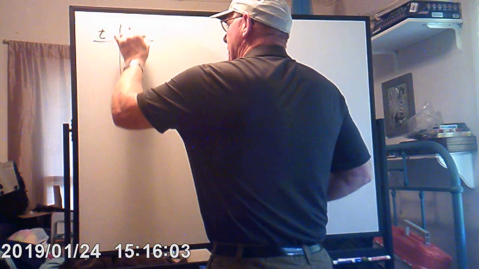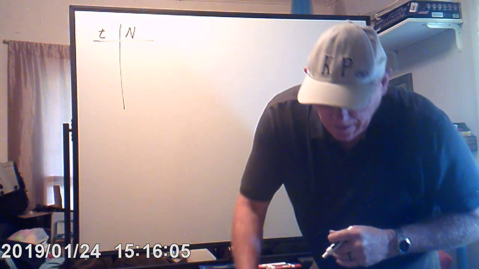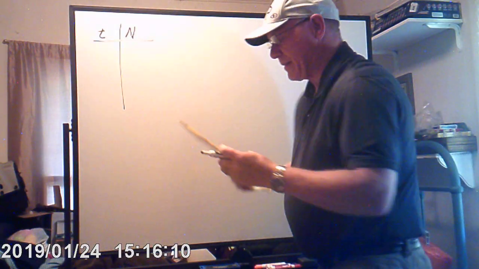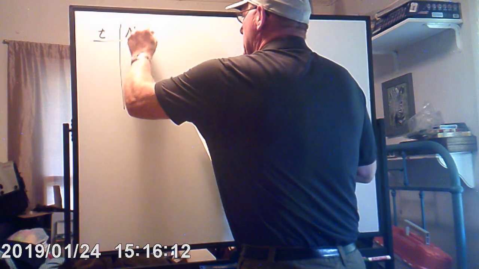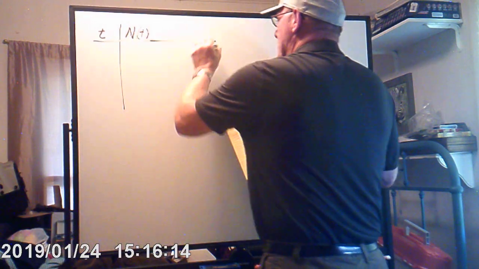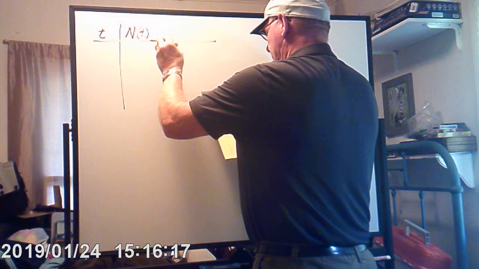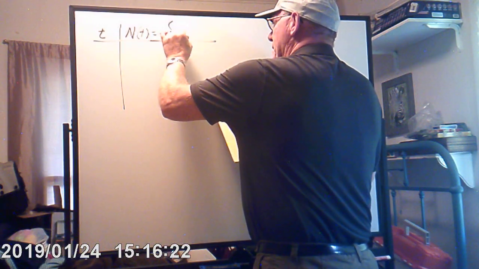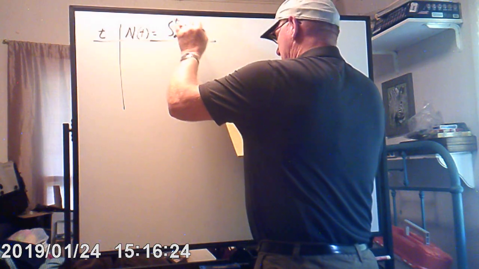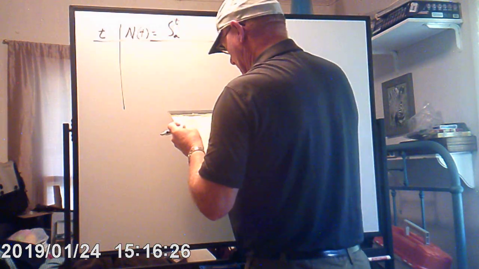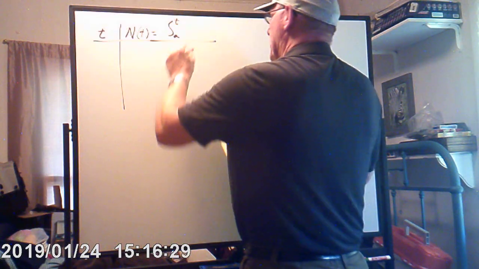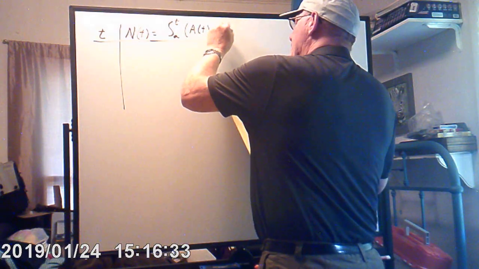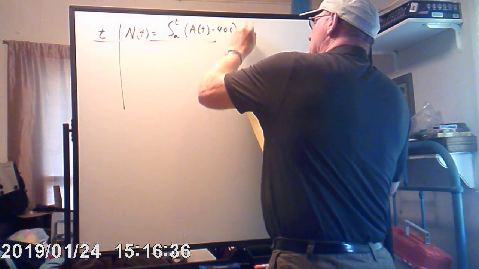Now here, N(t), which by the way happens to be equal to the integral from a to t of A(x) minus 400 dx.